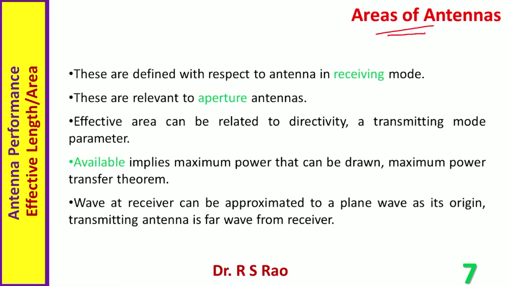Of course, out of all these, effective area is more significant. We consider effective area and other areas too here. Areas of antennas are defined with respect to the antenna in receiving mode. These are more relevant to aperture antennas.